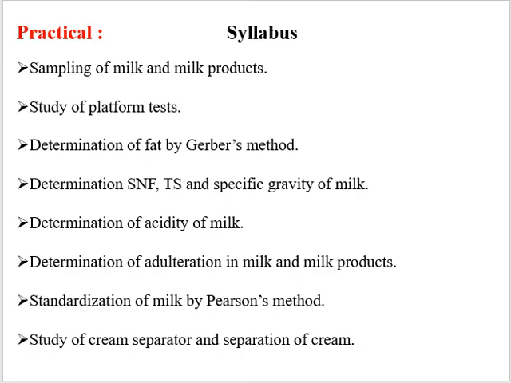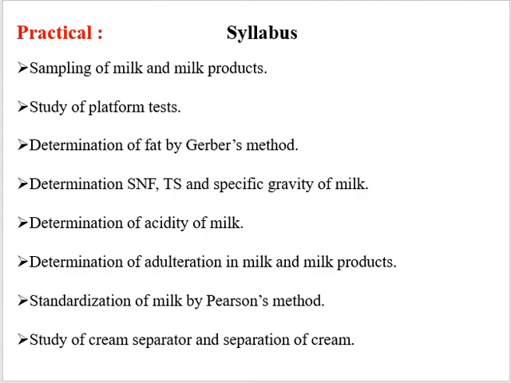Then the 10-minute MBRT test, methylene blue reduction test. These are the different platform tests required for milk. Then the next one is the determination of fat by Gerber method.